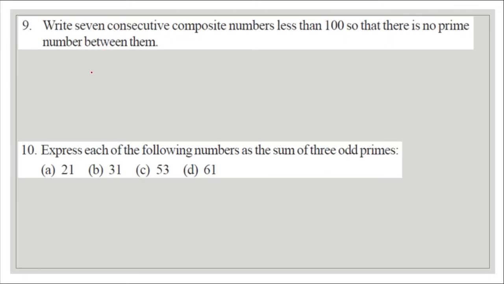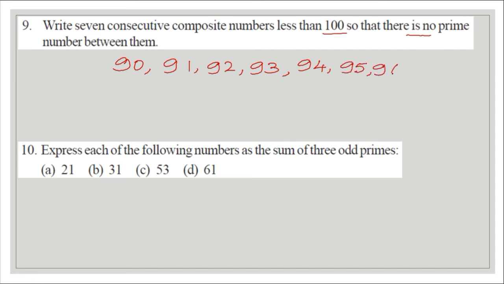Write 7 consecutive composite numbers less than 100 so that there is no prime number between them. Very important thing to notice, consecutive. If I start with 90, 91, 92, 93, 94, 95 and 96, these are 7 numbers.